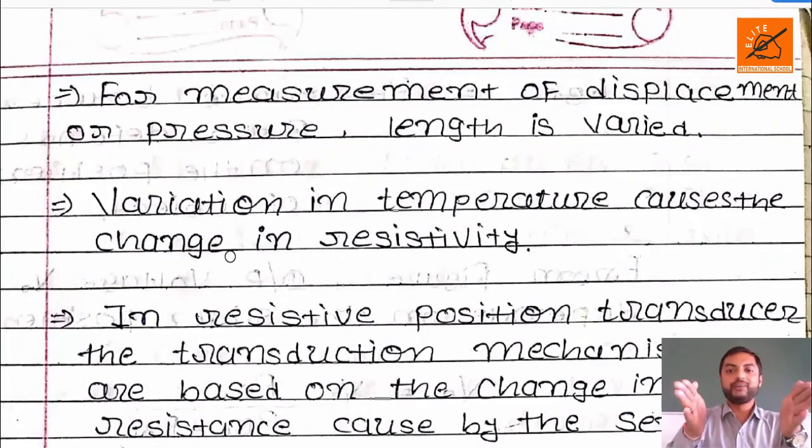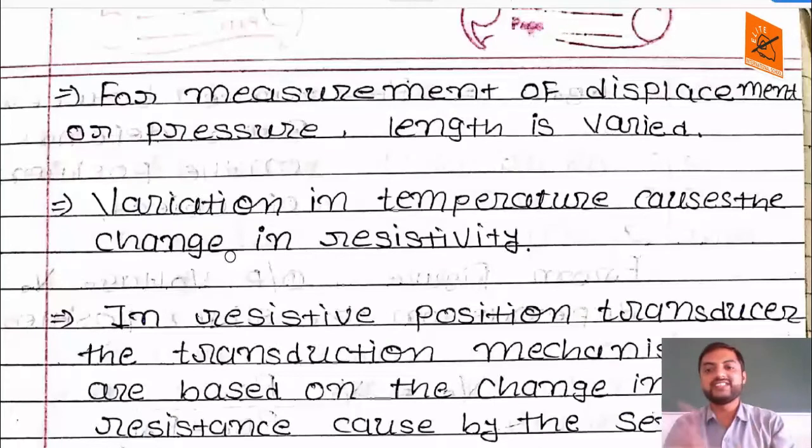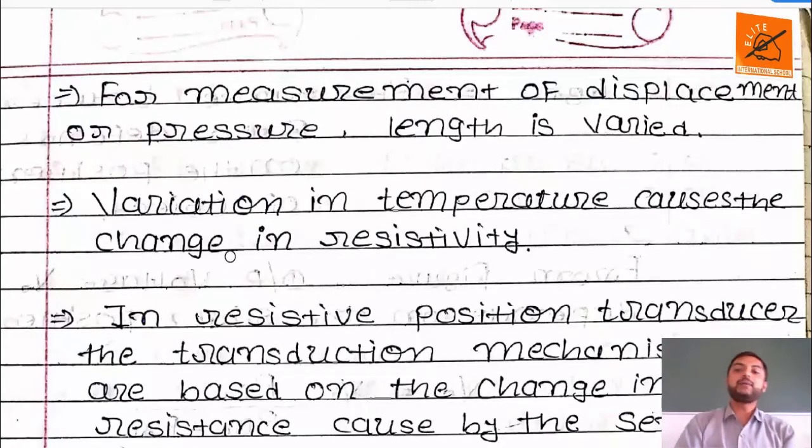If I want to measure the pressure, I apply pressure over here. Because of the pressure, this side goes like this, and because of that, the length of this resistive element is decreased. Because of that, ultimately the resistance of that resistive material is changed.